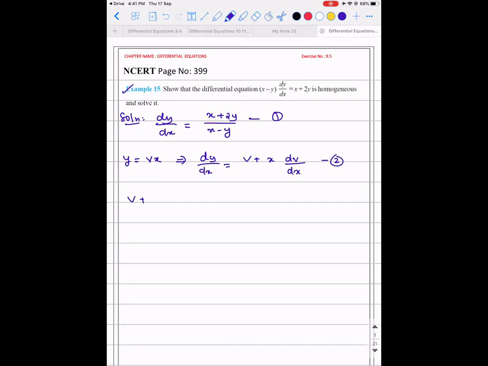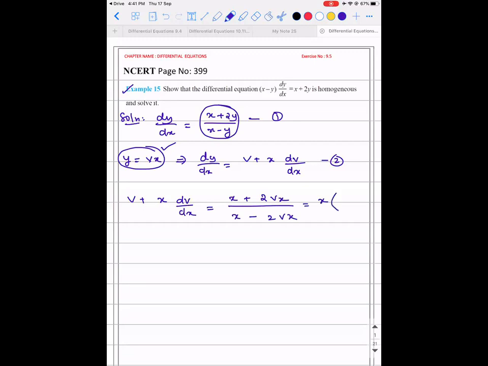So v plus x into dv by dx is equal to, I'm sorry, I forgot one step. You have to substitute y is equal to vx wherever y is there. So x plus 2 times vx divided by x minus vx. Did you understand what I'm doing?